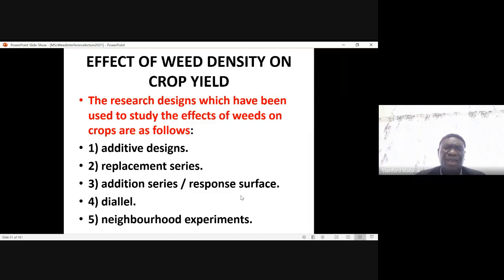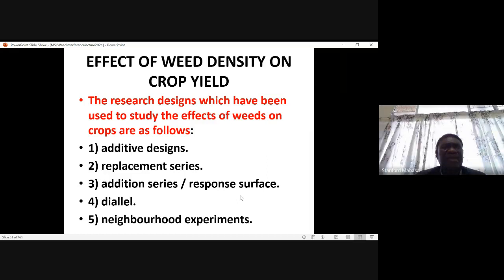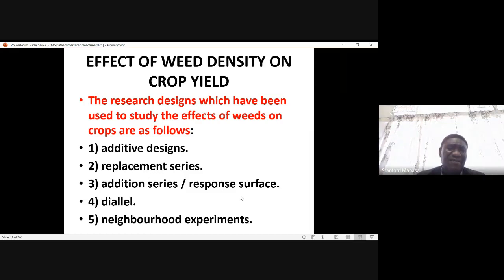So how weeds actually affect crops is a difficult subject. And there are no agreements on some of the approaches among scientists, as you will later appreciate as we discuss these issues.